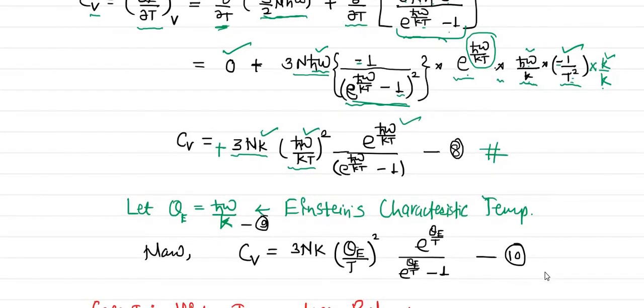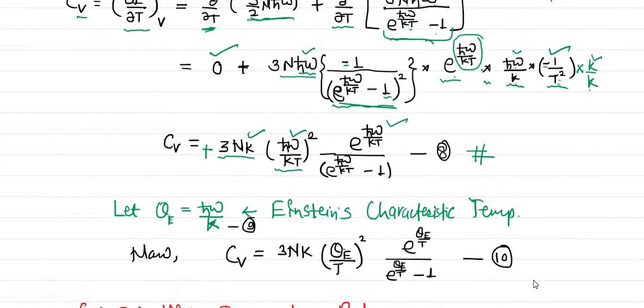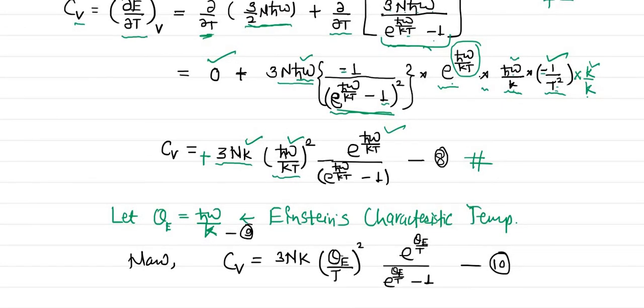Now this equation number 10 is the more specific equation for the lattice heat capacity or specific heat Cv according to Einstein's theory. So what is that? 3nk theta E by T whole square into e power theta E by T divided by e power theta E by T minus 1. Here theta E is nothing but h cross omega by k, and that is called Einstein's characteristic temperature.